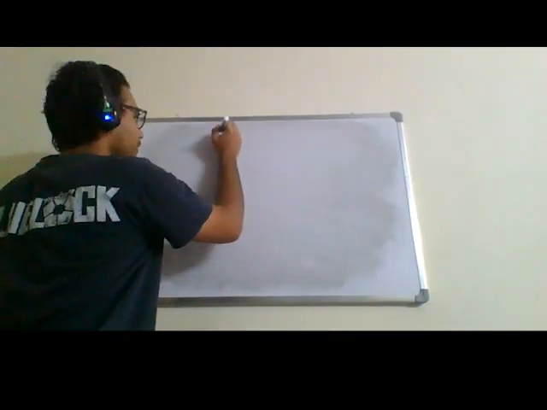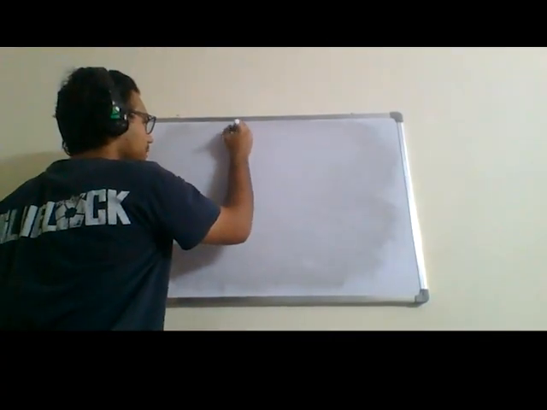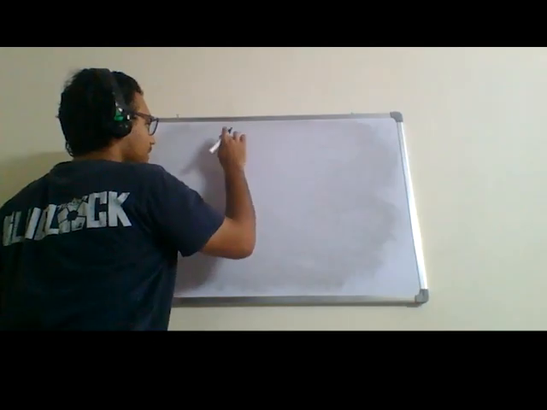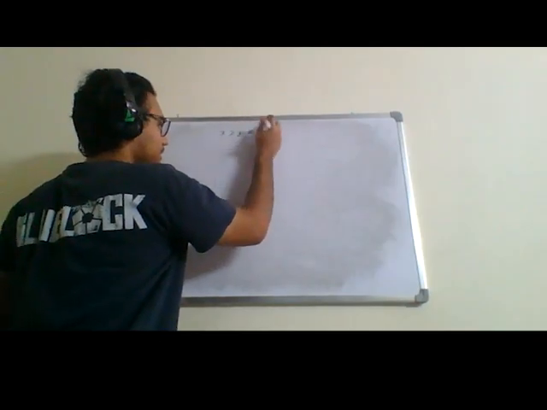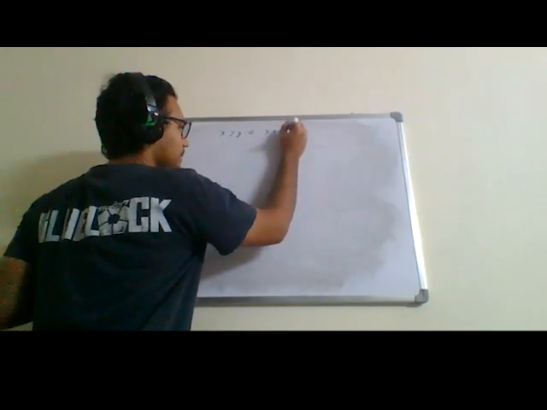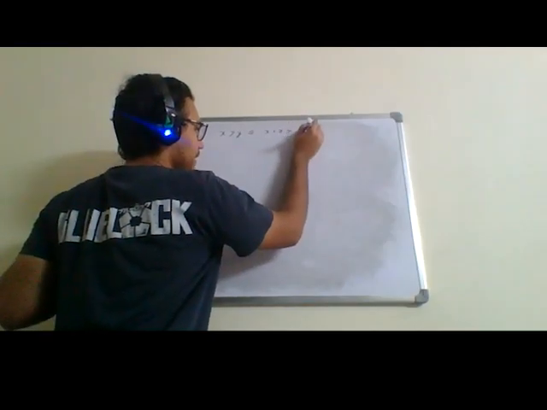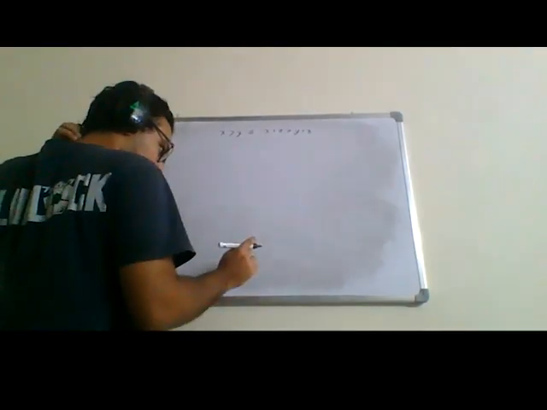Prove the following laws of inequality. I'll just restate the laws of inequality for reference. x greater than y implies x plus z greater than y plus z. This applies for all real numbers.